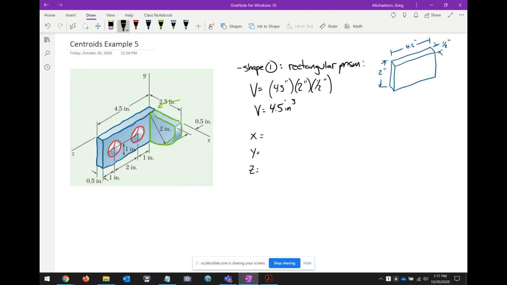How far along the x-axis will we travel in order to get to the centroid of this region? And so remember, x-axis, we're talking about that one right there. There we go, 1/4 of an inch. Exactly right. What about the y-axis?